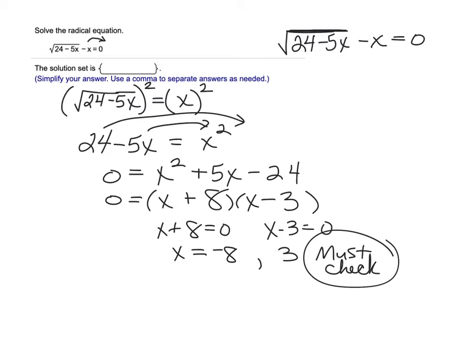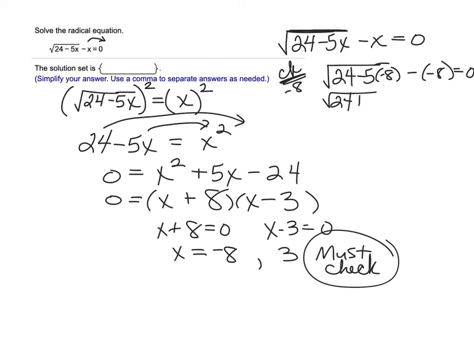So if I'm checking, let's start with negative 8. Plug in negative 8 to the problem. So we have times negative 8. And let's see if it works. Okay, 24, that would be square root of 24 plus 40, right?